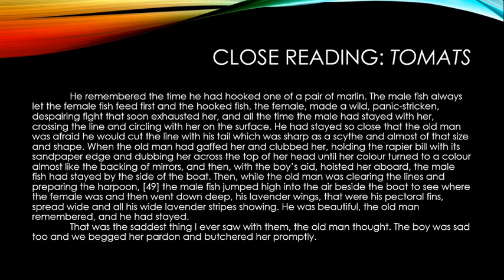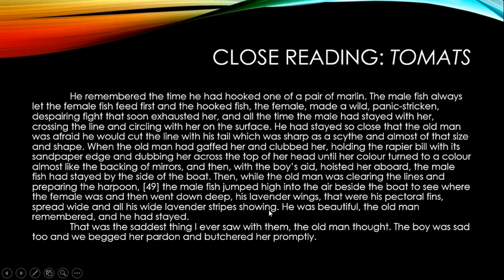There's also a description of the color of the fish and this contrast and juxtaposition of the color of the female when she's caught, which you say here, until her color turned to a color almost like the backing of mirrors. So we imagine that as sort of like a brown paper, something that's unremarkable, and that being juxtaposed with the vivaciousness of the lavender wings that are described here with the male fish.